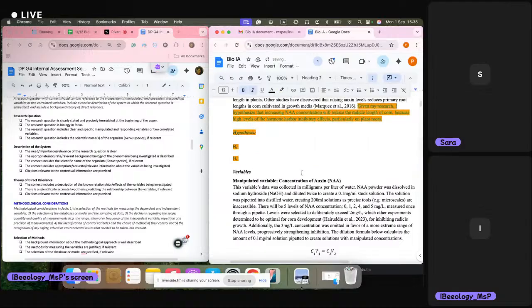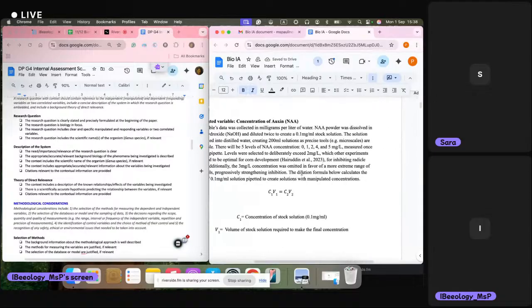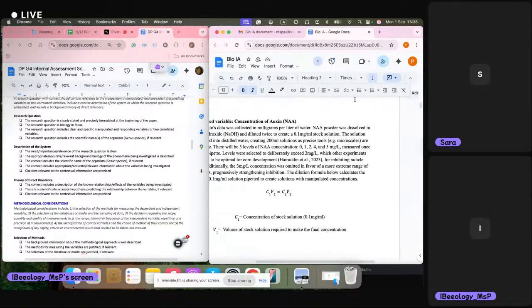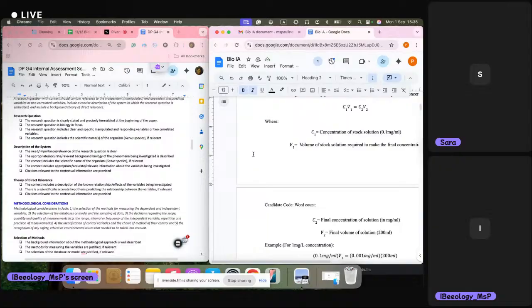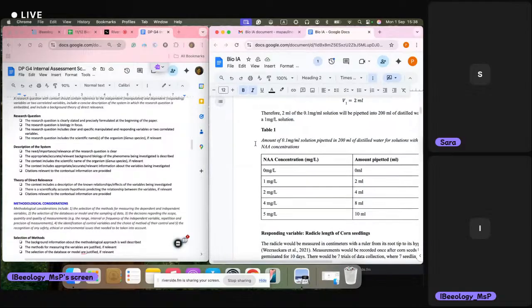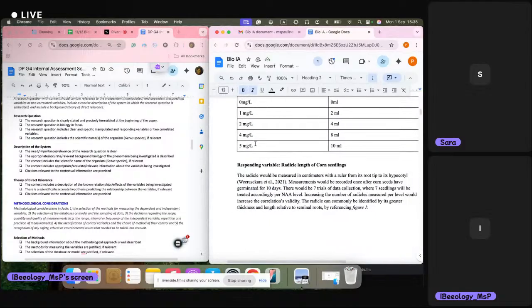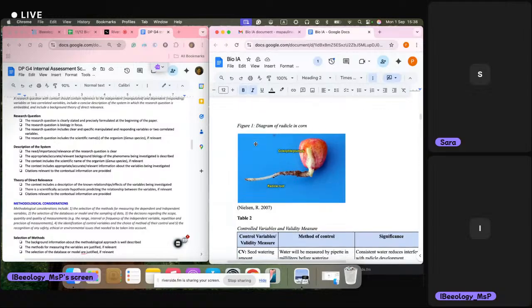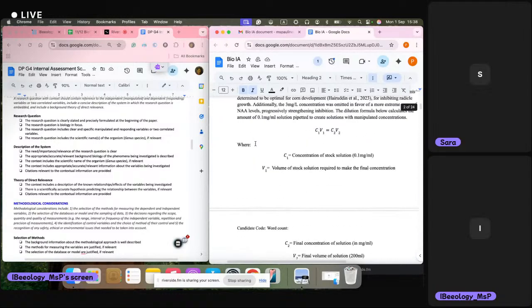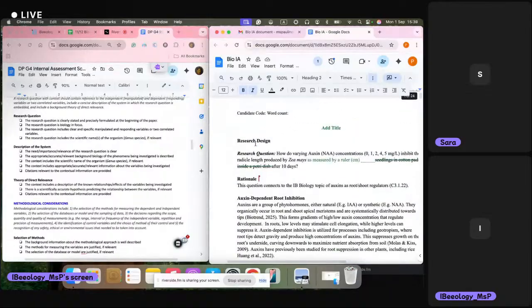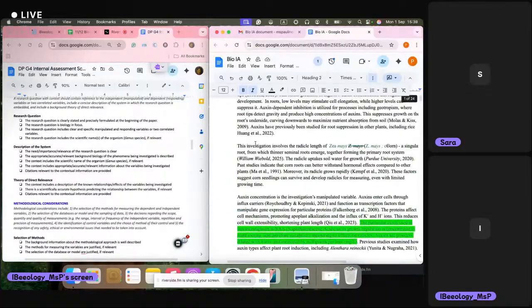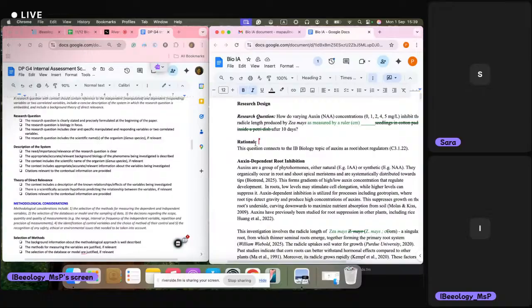Cool. All right, now with your manipulated variable and your responding variable, and your controlled variables. Cool. Way too long, right? So you remember that you have already introduced that in the background knowledge.